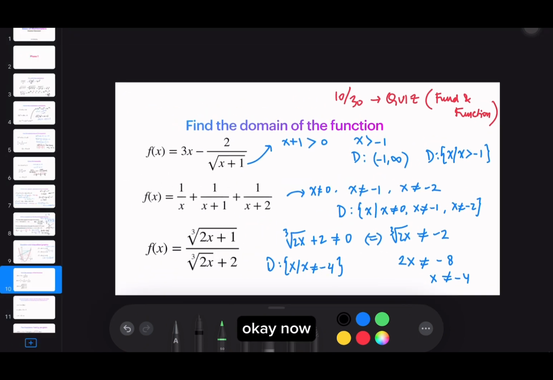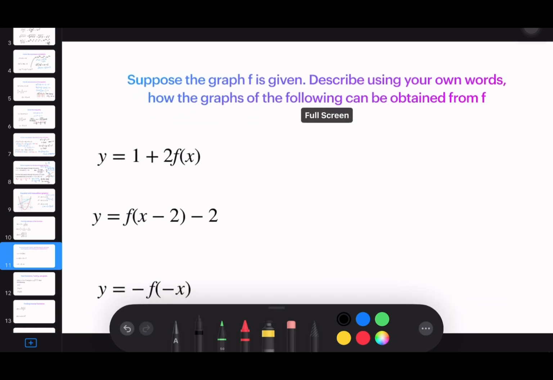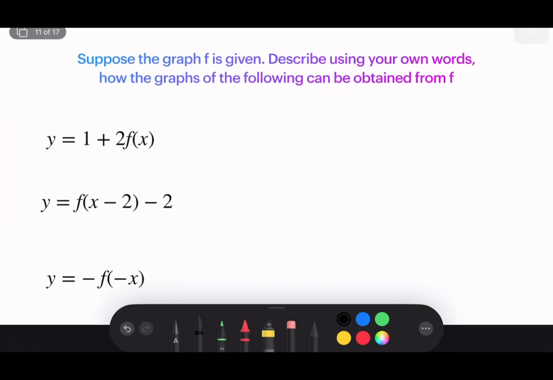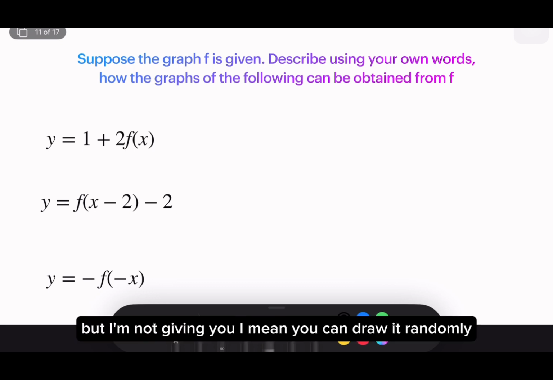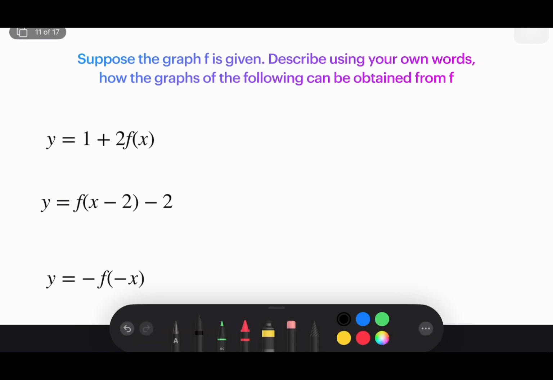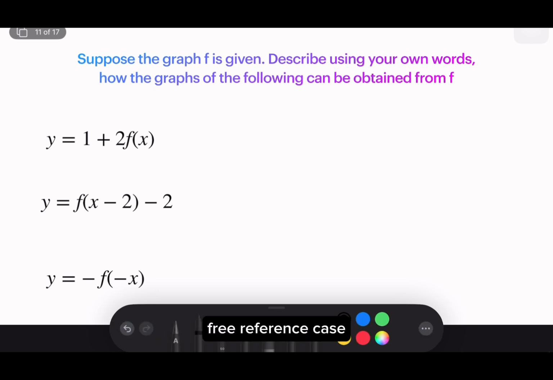Okay, now suppose the graph f is given. Well, I'm not giving it to you, but you can draw it randomly. Given these three different cases, describe how the curve is based on f.